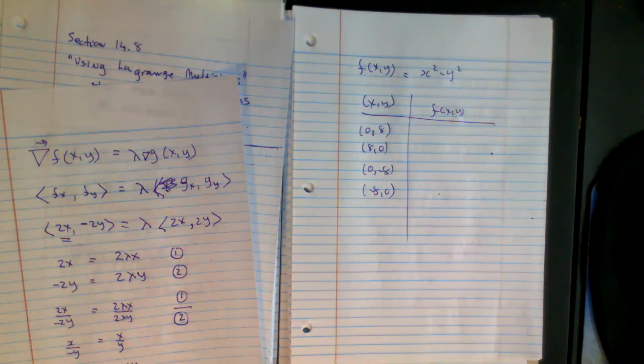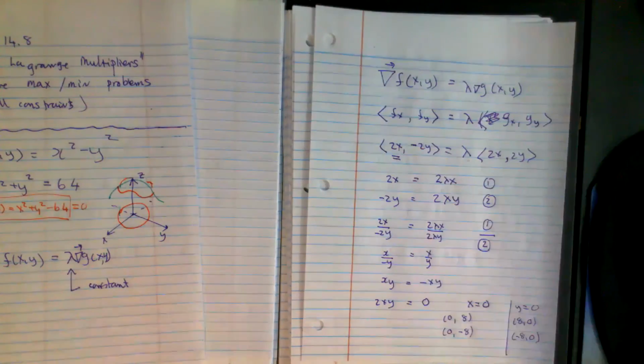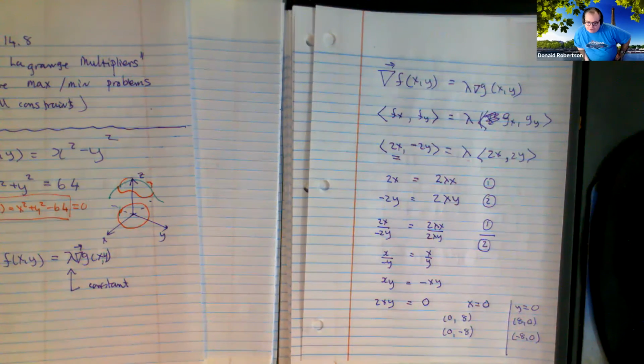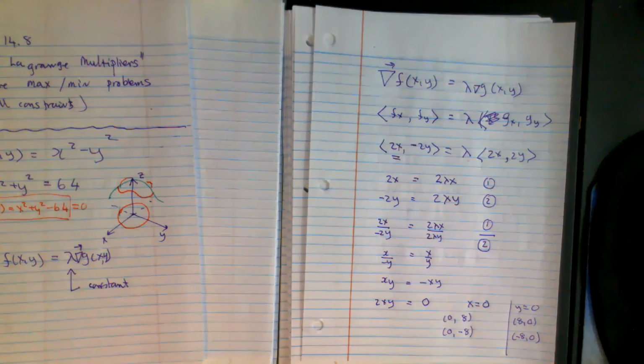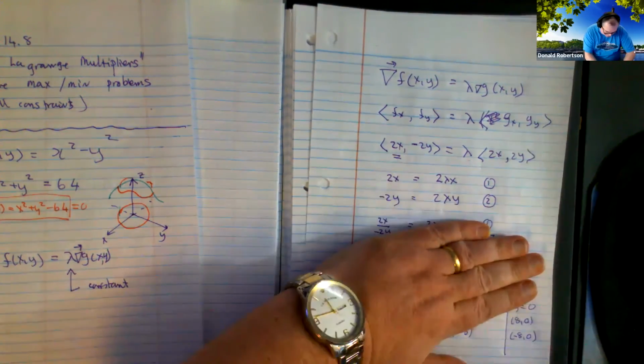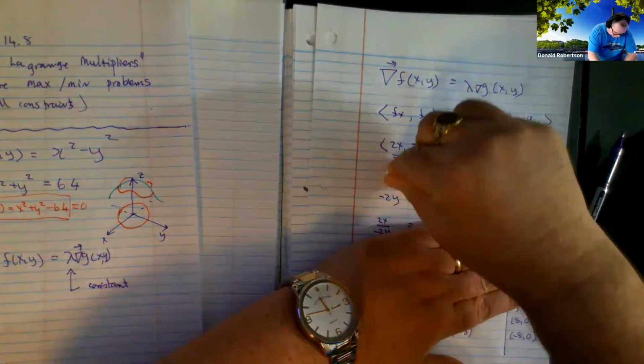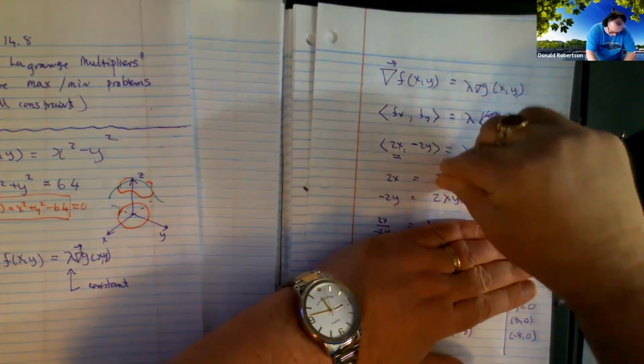I have a question on where the 2xy came from. Okay, what's your question? Where it came from or how I used it? Where it came from, because I see how you used it. Right. I took equation 1 and equation 2, and what I essentially did is divide the left-hand side and the right-hand side.